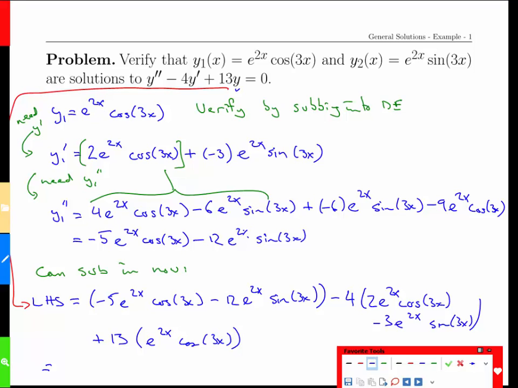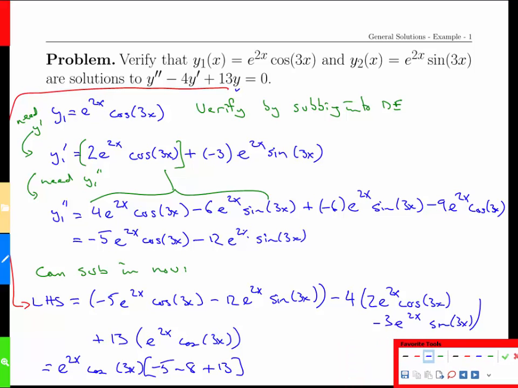If we add up how many e to the 2x cos of 3x's we have, there are -5 of them, minus, what do we have here, -8 of them, plus 13 of them. Hey, -5, -8, plus 13 sounds an awful lot like 0.